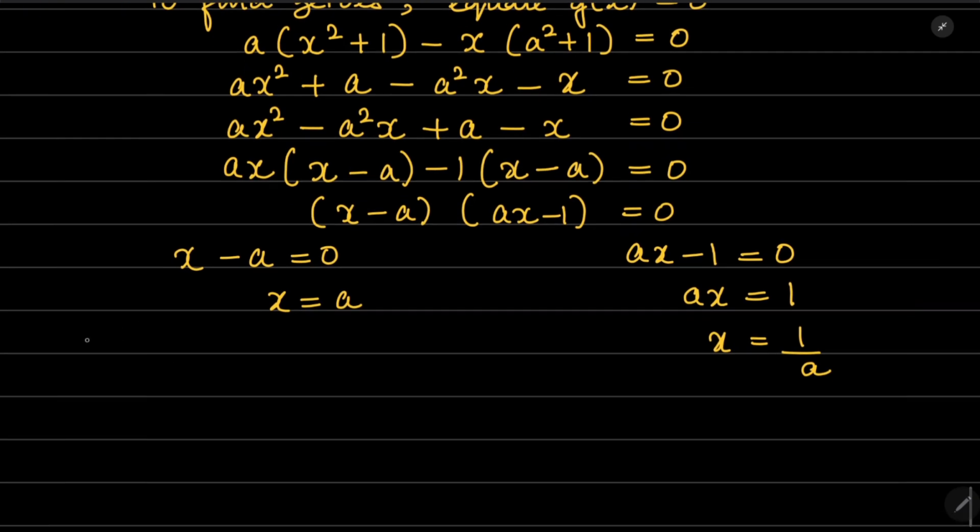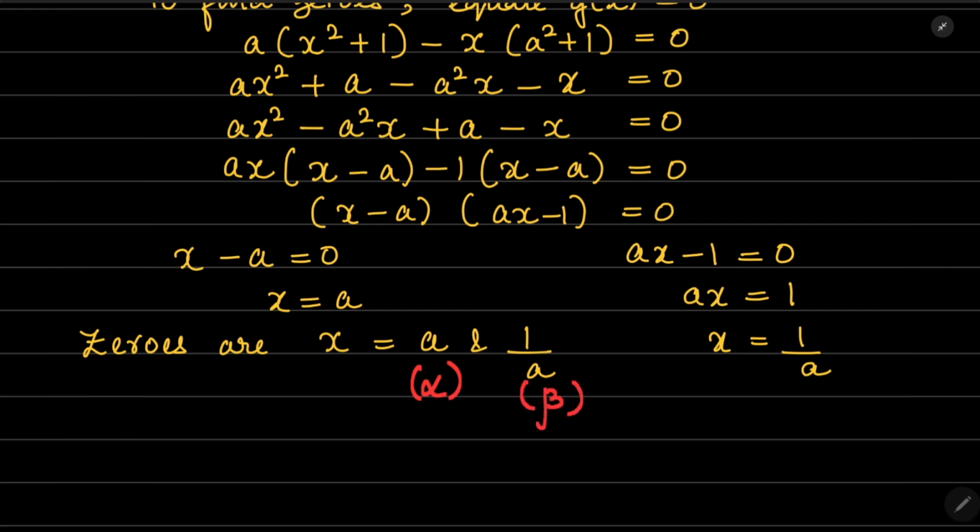So the zeros are x is equal to a and 1 by a. These are the two zeros. So let one of them be alpha and the other one let it be beta. These are the two zeros.